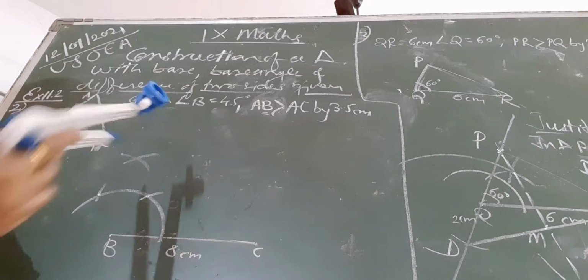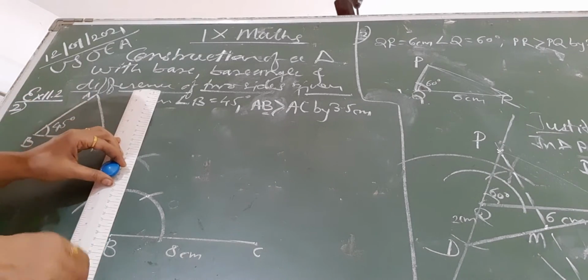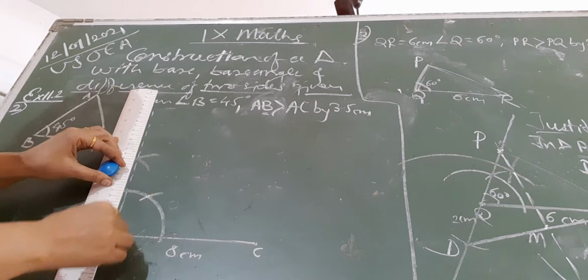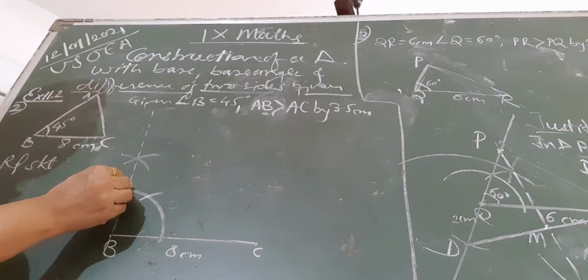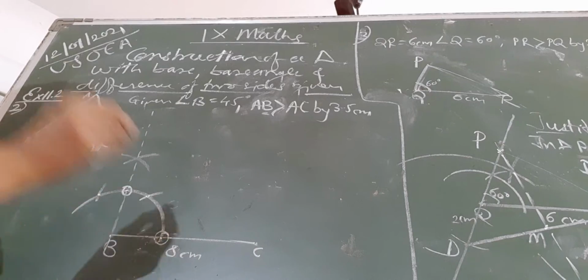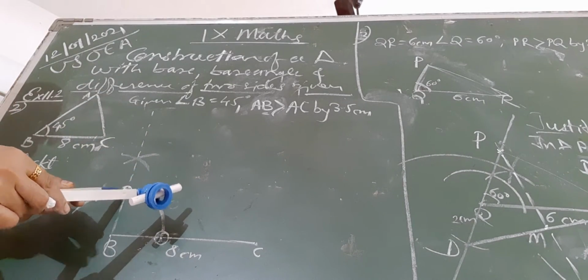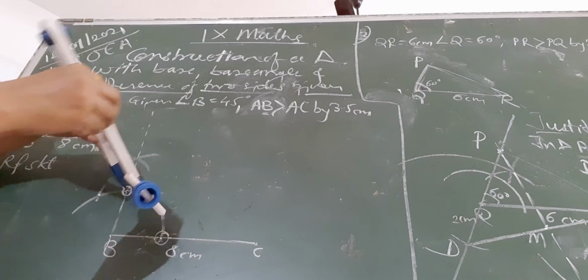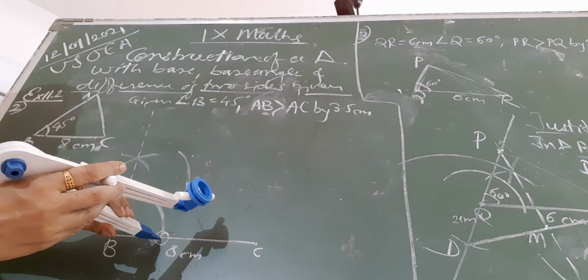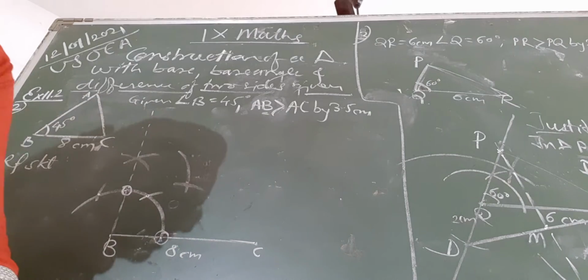Now this will be 90 degree, but 90 degree we don't require, so we will just draw the dotted line through it so that we will get this point. Now this is the point for 90 degree and this is the point for 0 degree. We have to bisect it, so again taking more than half of the distance of the arc, we will mark the arc from these two points so that we will get the 45 degree angle.